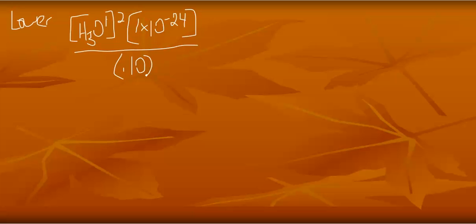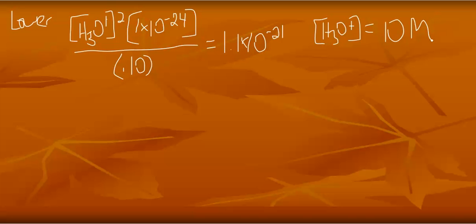And we're going to set that equal to 1.1 times 10 to the negative 21st. And so we can solve for H3O. Comes out to a value of 10 molar.